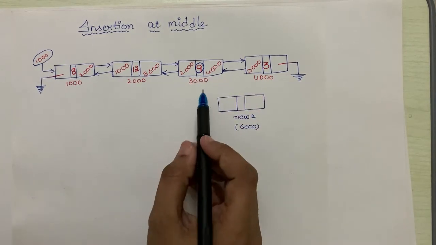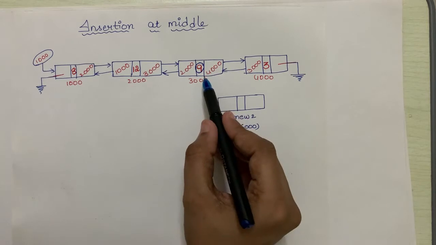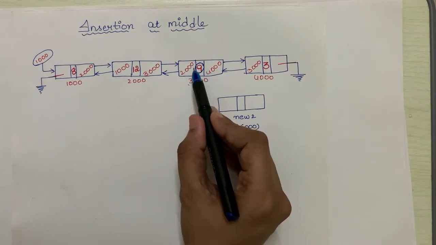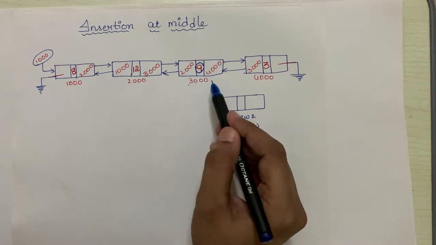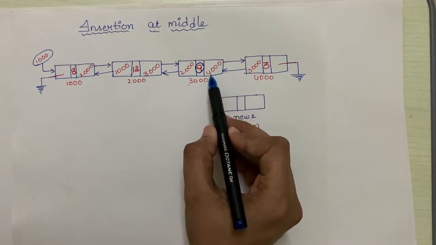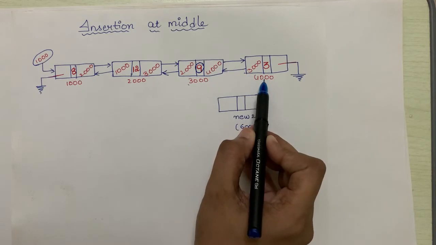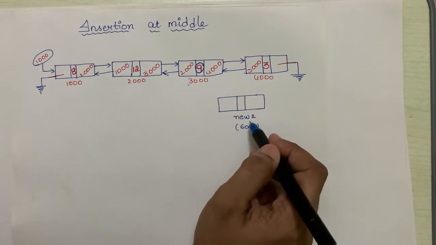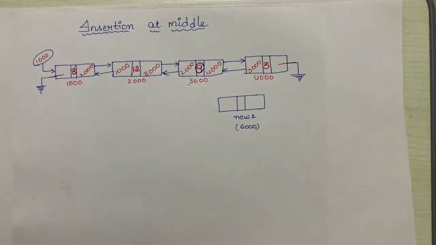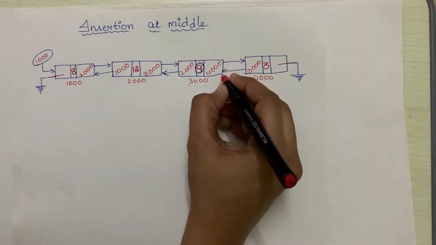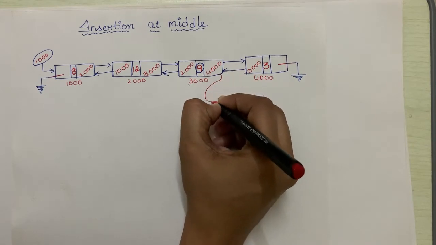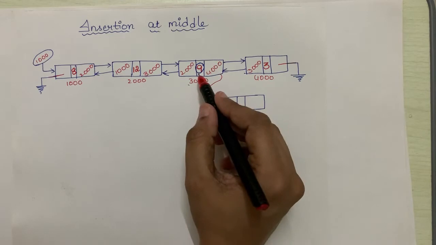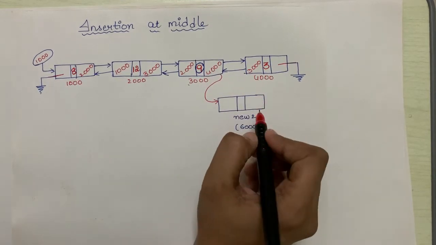Now, if I want to insert after 9, 3000 is the address of this particular node. Here this is 4000 because 4000 is its next node. But the new node address is 6000. So, in place of 4000, we should store 6000 because this is the next node after 9.